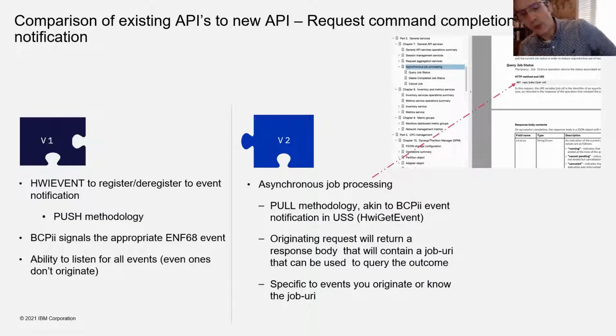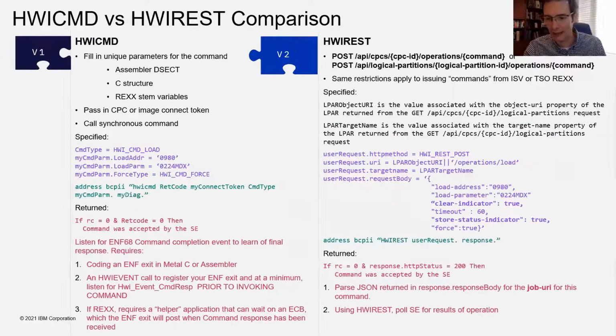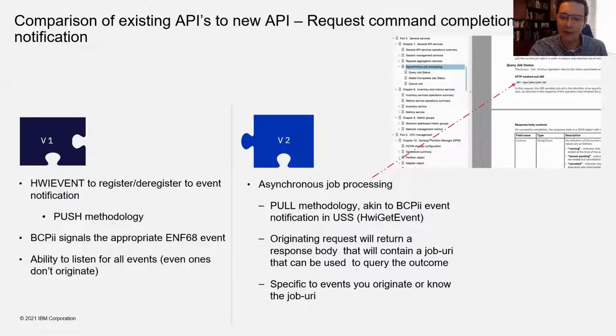What we're going to do in this case is extract the job ID that was returned in the response, and then issue an HWI GET against that job ID to see if the request has completed.